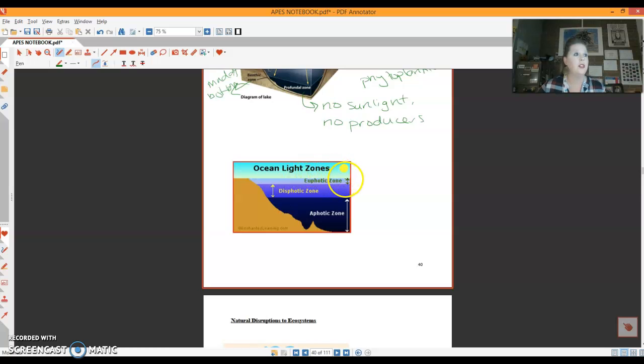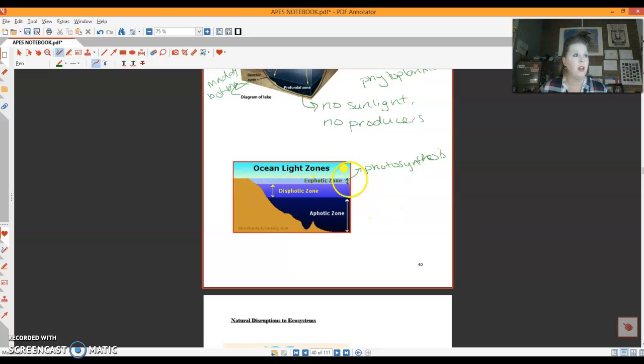The euphotic zone, as you can see, is pretty shallow when you compare it to the other 2 zones. This is the layer where there is sufficient sunlight for photosynthesis, because it receives plenty of sunlight.